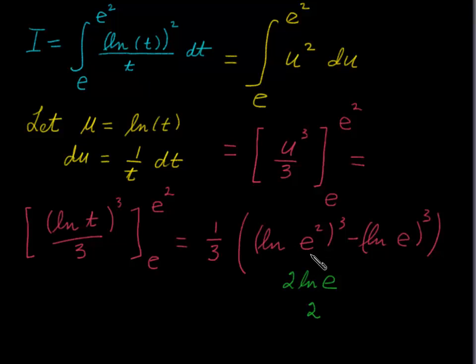So here I've got 2 cubed, and here I've got the natural log of e, that's just 1, and 1 cubed is 1. So let me write that this is equal to 1/3 times 2 cubed, which is 8, minus 1 cubed, which is 1, equals, we're inside of a final answer now, 8 minus 1 is 7, times 1/3 is 7/3.